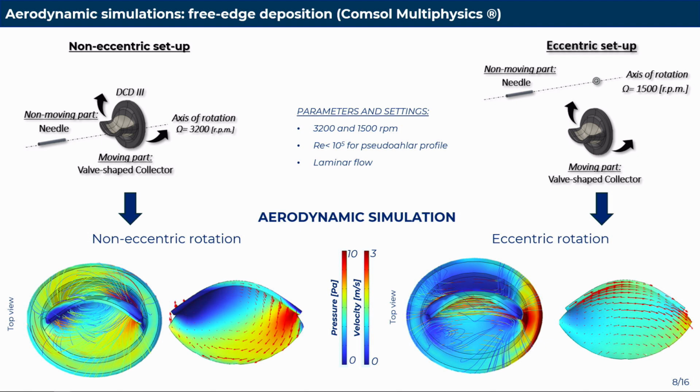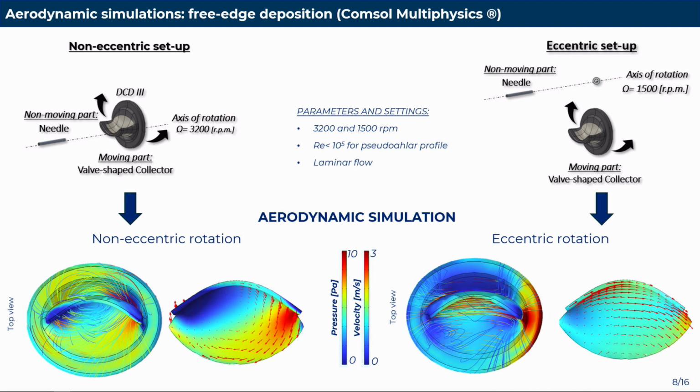You can see from the pictures on the bottom that the streamlines became more aligned, the magnitude of these streamlines increased, and the pressure gradient became more homogeneous.